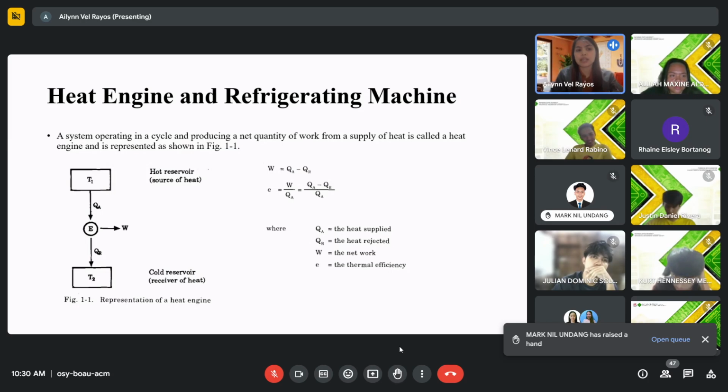A system operating in a cycle and producing a net quantity of work from a supply of heat is called a heat engine. As you can see, our arrow goes from the hot reservoir to the cold reservoir.